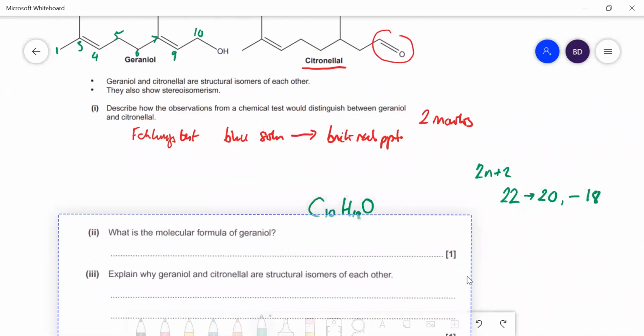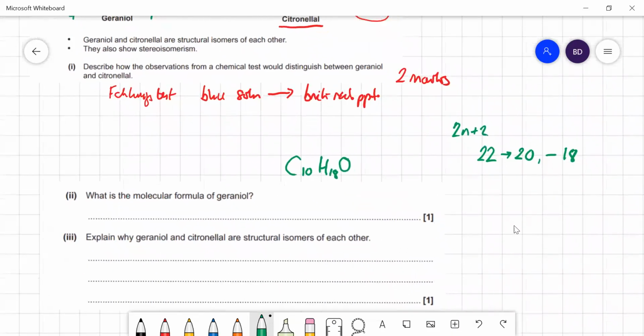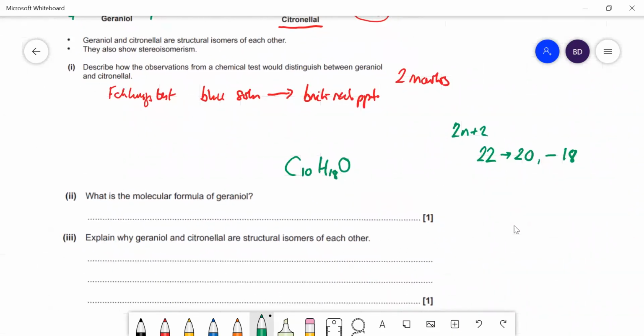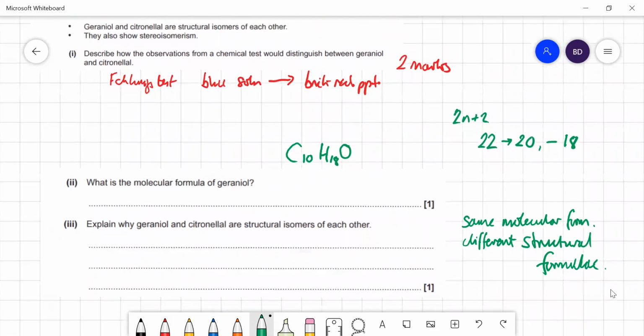Well, the old definition that you should just know: you've just got to say same molecular formula, but different structural formulae. Okay, so that is straightforward recall.